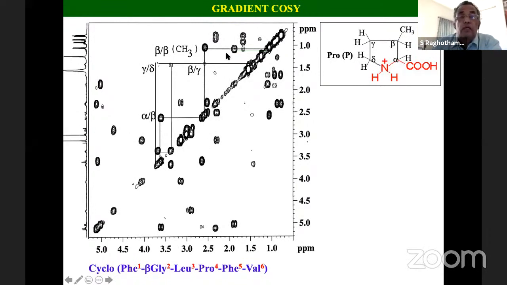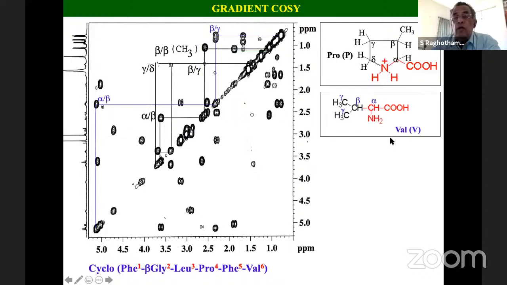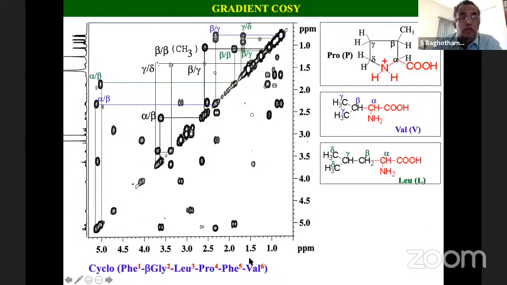So alpha to the beta, beta to the gamma, gamma to the delta. That's how you pick up this residue. Likewise, I have already shown you how to pick up valine, alpha to the beta, beta to the methyl. Leucine also I've already told you, alpha to the beta, beta to the gamma, gamma to the delta and all.